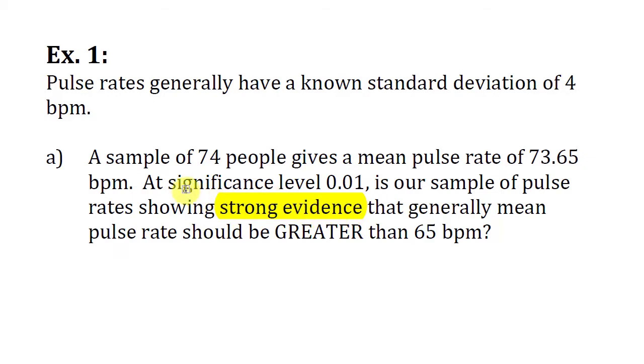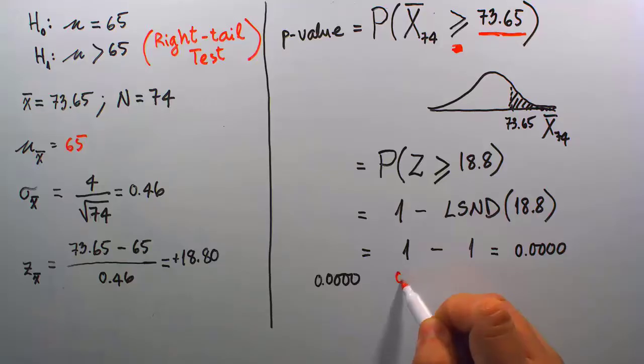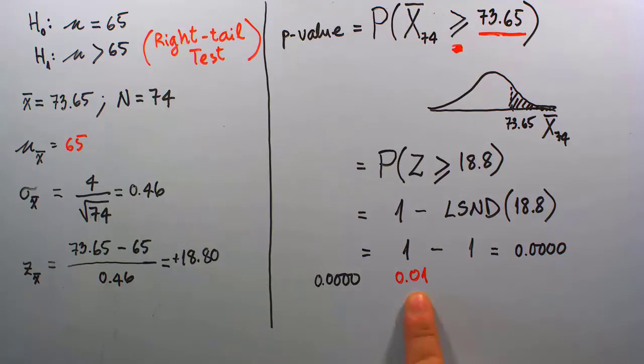With the significance level given in the problem being 0.01, that's our significance level that I just now wrote in red ink right there. The p-value must be compared with the significance level in order to decide whether or not we're having strong evidence. And here in this case, the comparison shows that our p-value is well below 0.01. It's a comparison that came straight out from our own calculation of the p-value, and the significance level was already given in the problem.